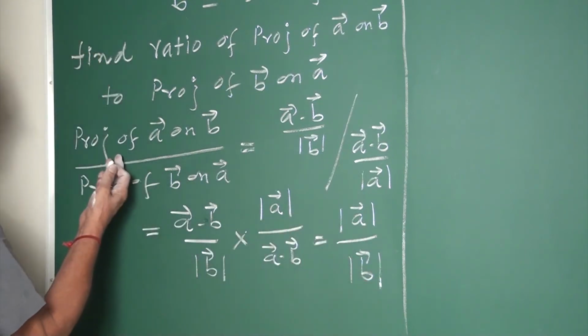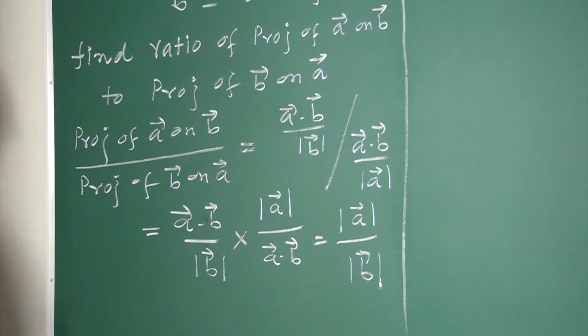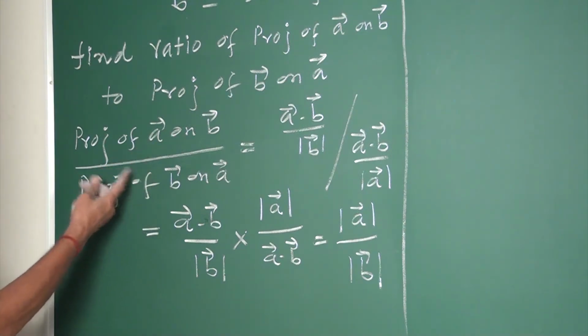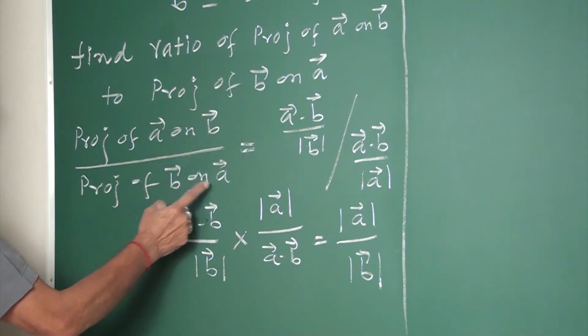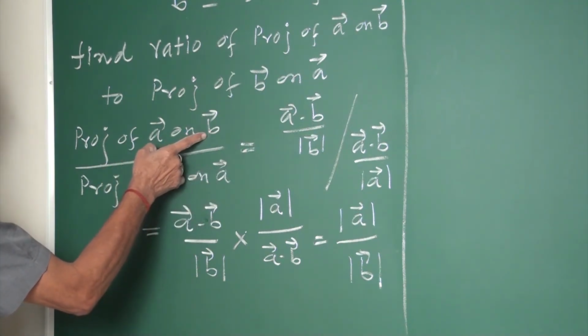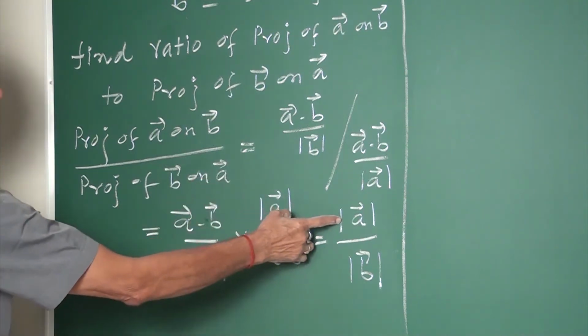Even sometimes they ask in CT this formula itself. If it is projection of A on B upon projection of B on A, the ratio is always numerator becomes denominator, denominator becomes numerator.